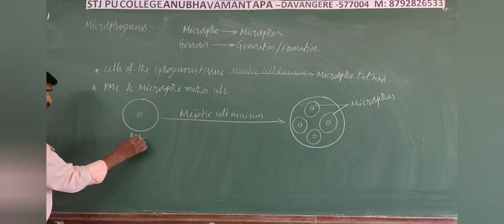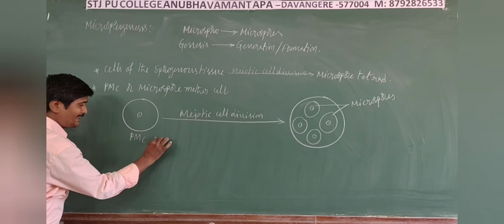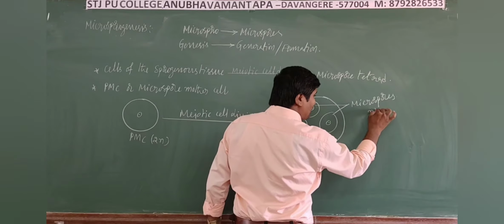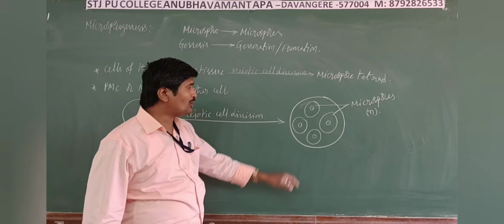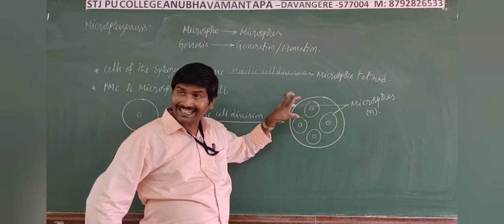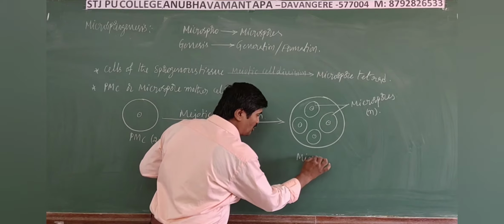See here, the pollen mother cell or microspore mother cell is diploid. The microspores are haploid. The 4 microspores arranged in a cluster are known as the microspore tetrad.